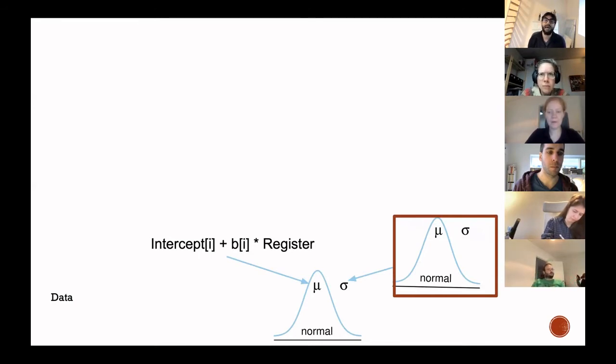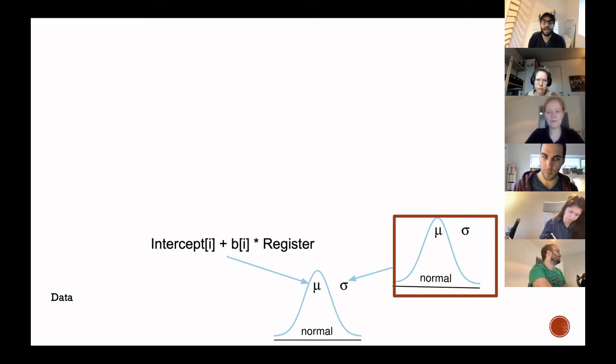We had that the outcome or articulation space is modeled as a normal distribution with a sigma that is the expected average error once we take into account the mean. The mean is defined as a linear model where there's an intercept and an effect of register.